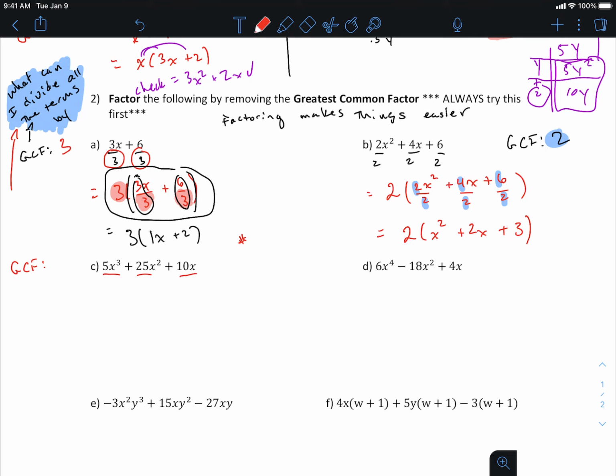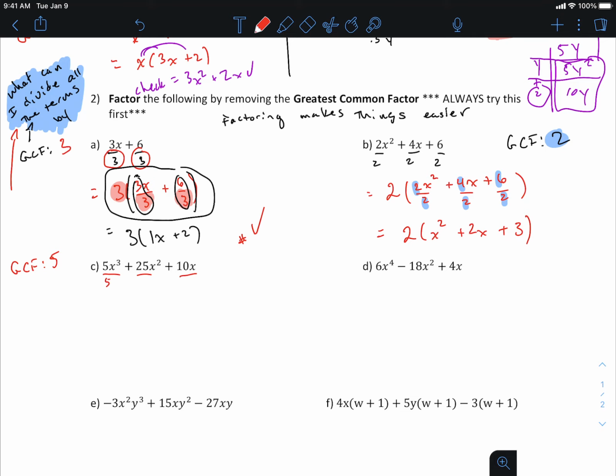Coefficients are the numbers out front. So it looks like all 3 of those numbers or coefficients are divisible by 5. All right, well that takes care of the number. So we're starting to build our greatest common factor.